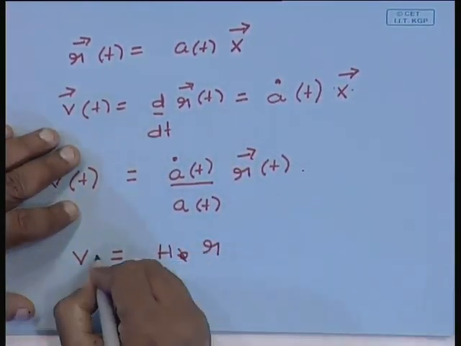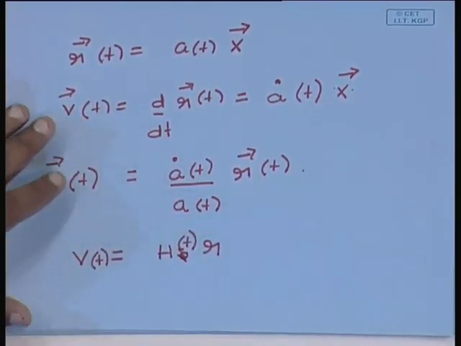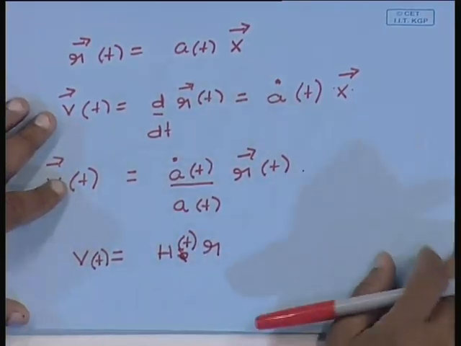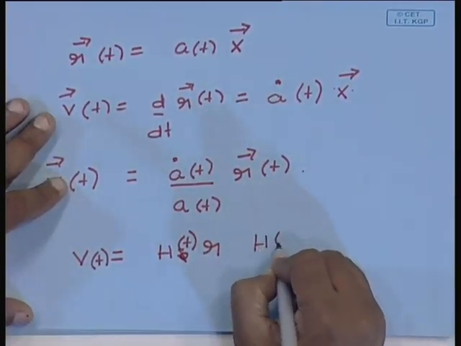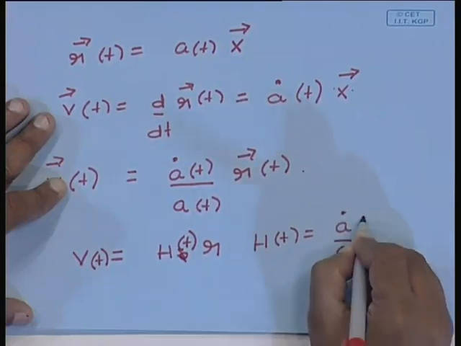At any time instant t, the Hubble parameter H(t) is a dot by a, and it could be a function of time.